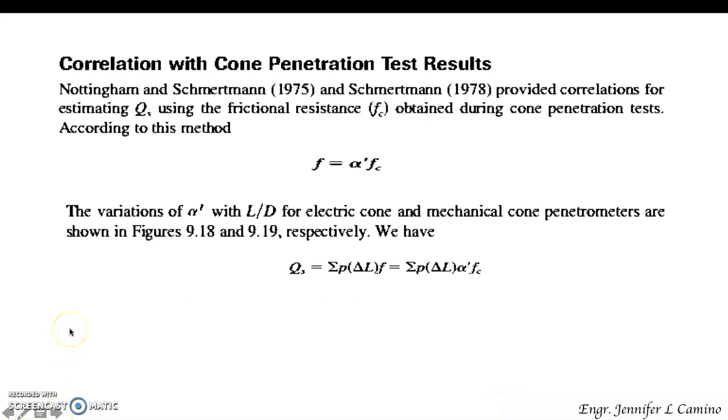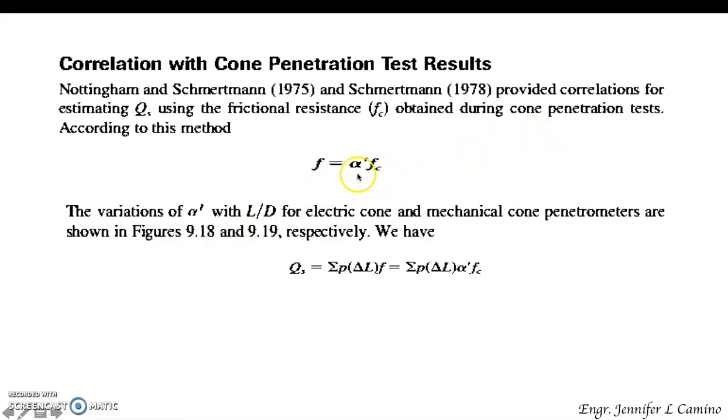The correlation with cone penetration test. According to Nottingham, he provided the correlation for estimating the Q sub S using the frictional resistance that was obtained from the cone penetration test. If you're going to compute for the unit frictional resistance obtained from the cone penetration test, you have this equation.